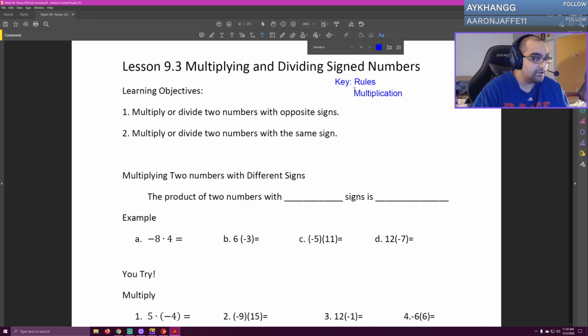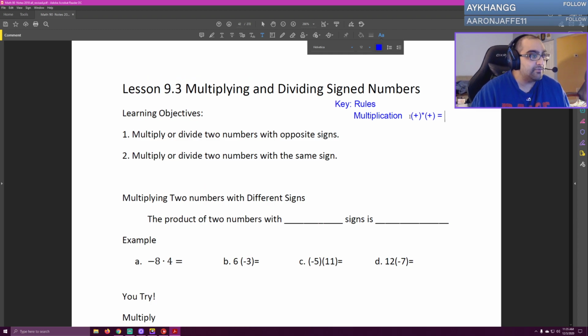Let's say I had a positive number, and I multiplied that by another positive number. Well, the expectation that I have here underneath multiplication is that a positive number times a positive number will net me once again a positive number. So I have the expectation that the final answer here will be positive if both numbers are positive.